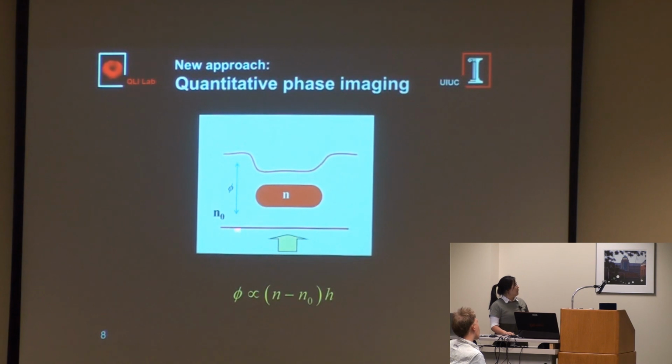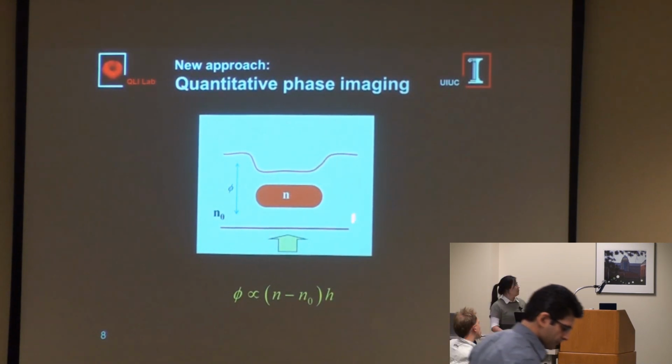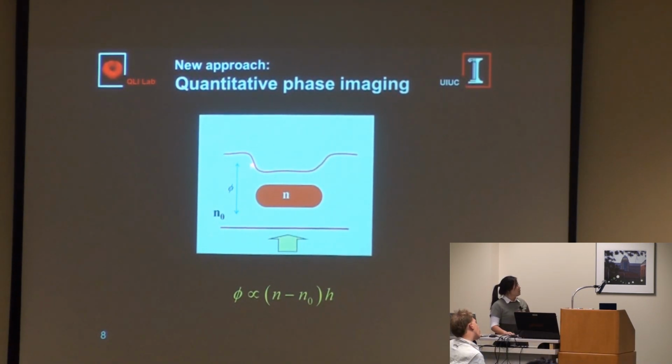So we thought, if light passes through the object, the wavefront deformation can be calculated by the phase shift, which is associated with the refractive index contrast and also the thickness of the object.